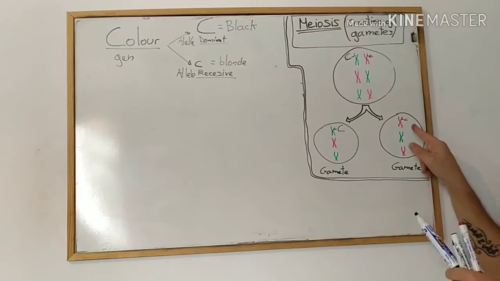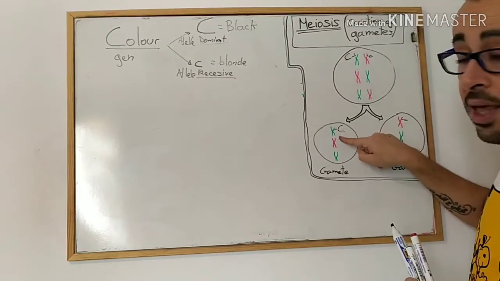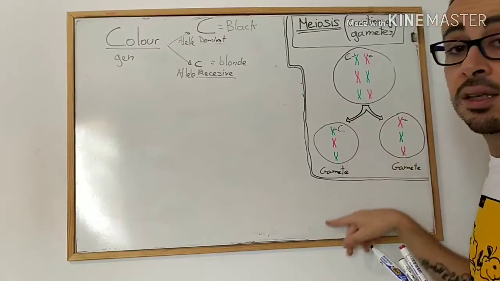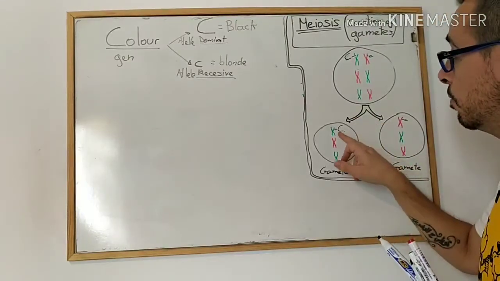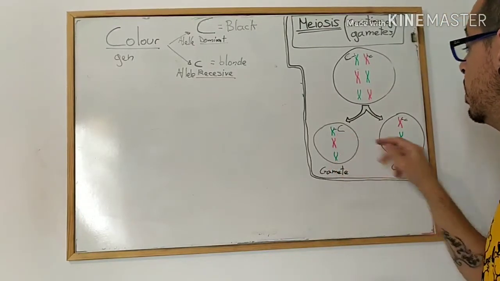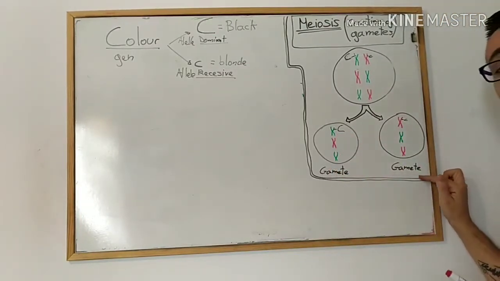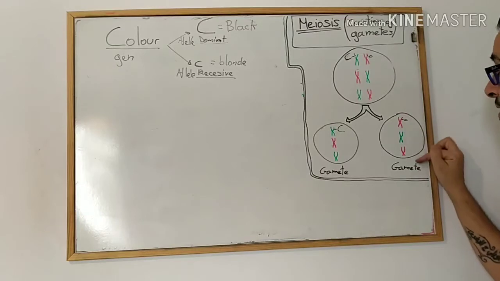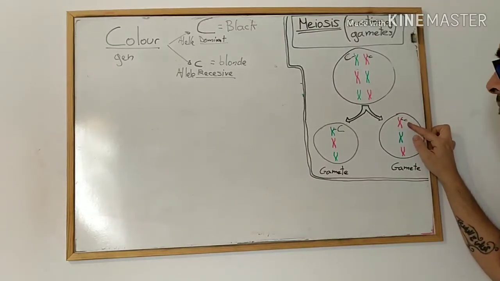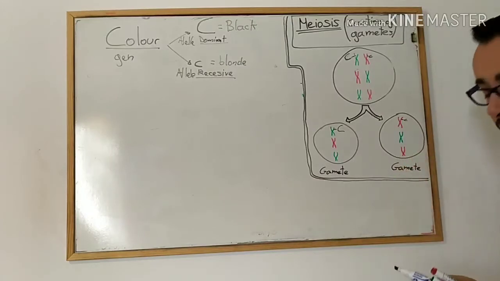The sons that are produced with this gamete are going to be black hair, and the sons that are going to be produced from this gamete could be blonde.